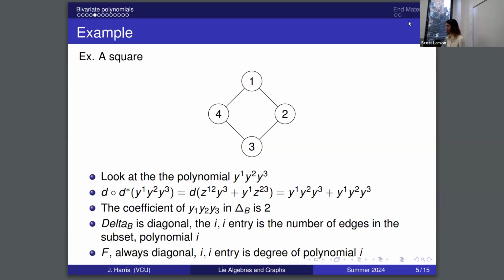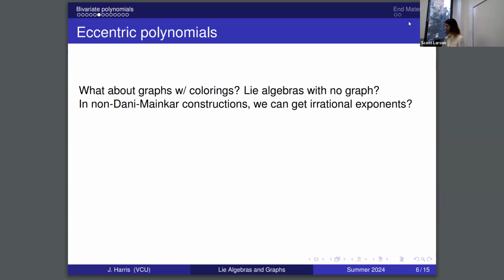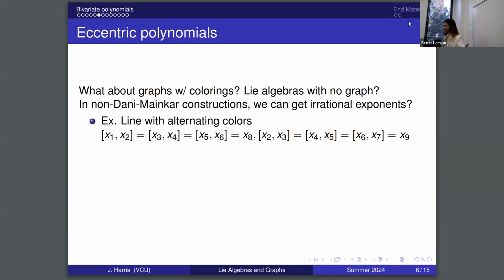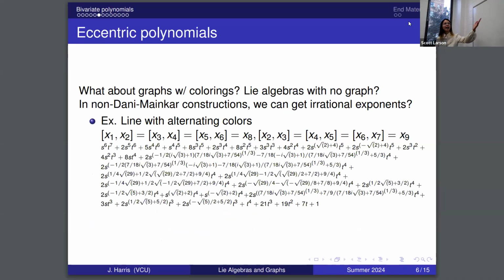So does it mean something if we put an edge coloring on it, or if we put in a Lie algebra that doesn't come from a graph at all? If we take this one, this really doesn't look that bad. It's got like 7, 8 elements to it. It looks like that.